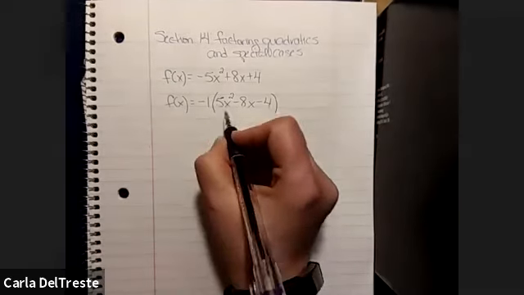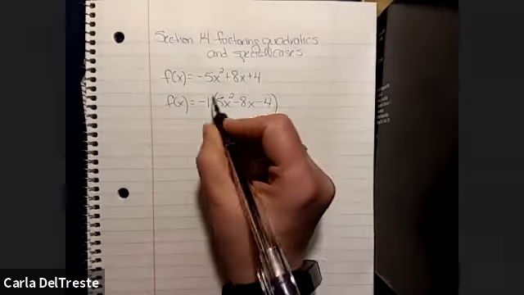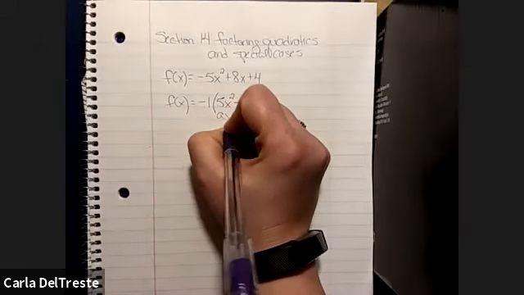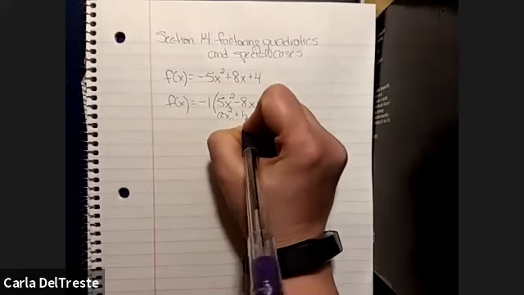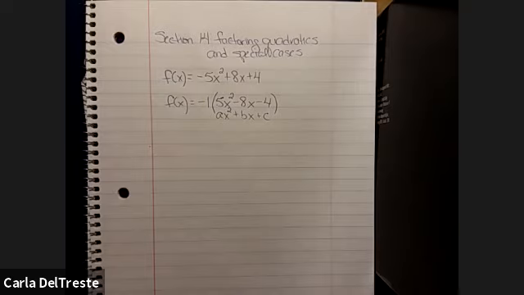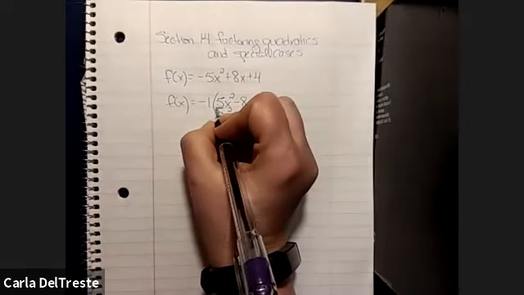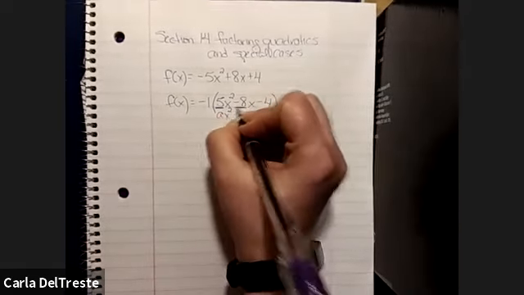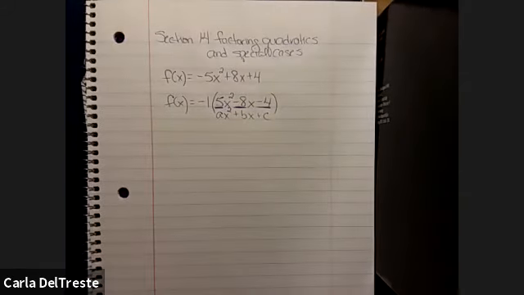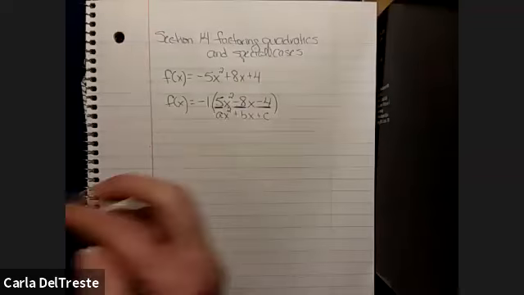Then we ask ourselves if what we have left is a quadratic. And yes, it is. It does stick to the form ax squared plus bx plus c, which means we can identify our a, b, and c values. So here, a is 5, b is -8, and c is -4.